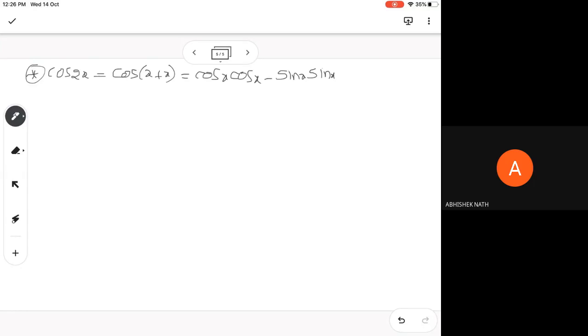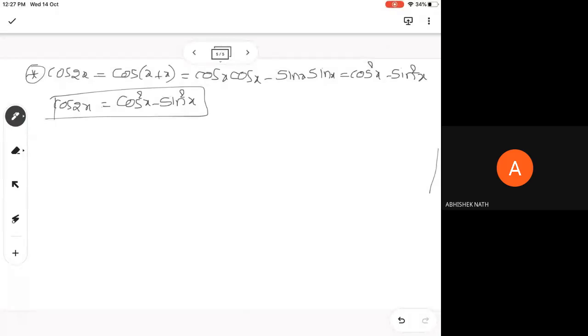So this is cos square x minus sin square x, because cos x into cos x gives cos square x. That is cos 2x.